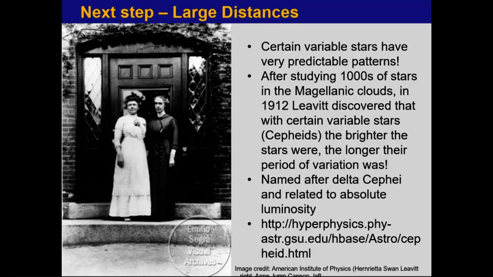And after years of trying to find a pattern, she was eventually able to see that there was one: the brighter these variable stars were, the longer their period of variation was going to be. And we call them Cepheid variables because they were named after the star Delta Cephei.